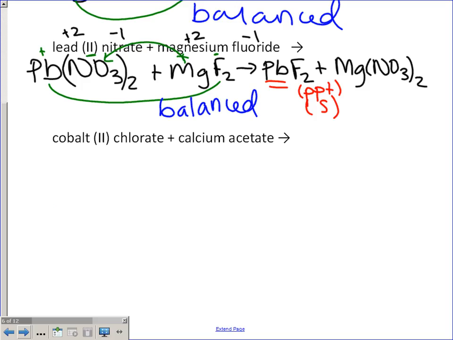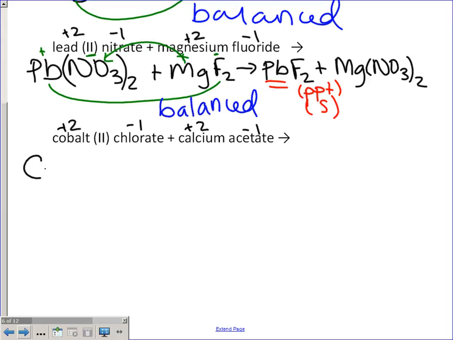Alright, cobalt chlorate, and calcium acetate. So when I go to write my chemical equation, cobalt is going to have a +2 charge. Chlorate has a -1 charge. Calcium +2 and acetate -1.